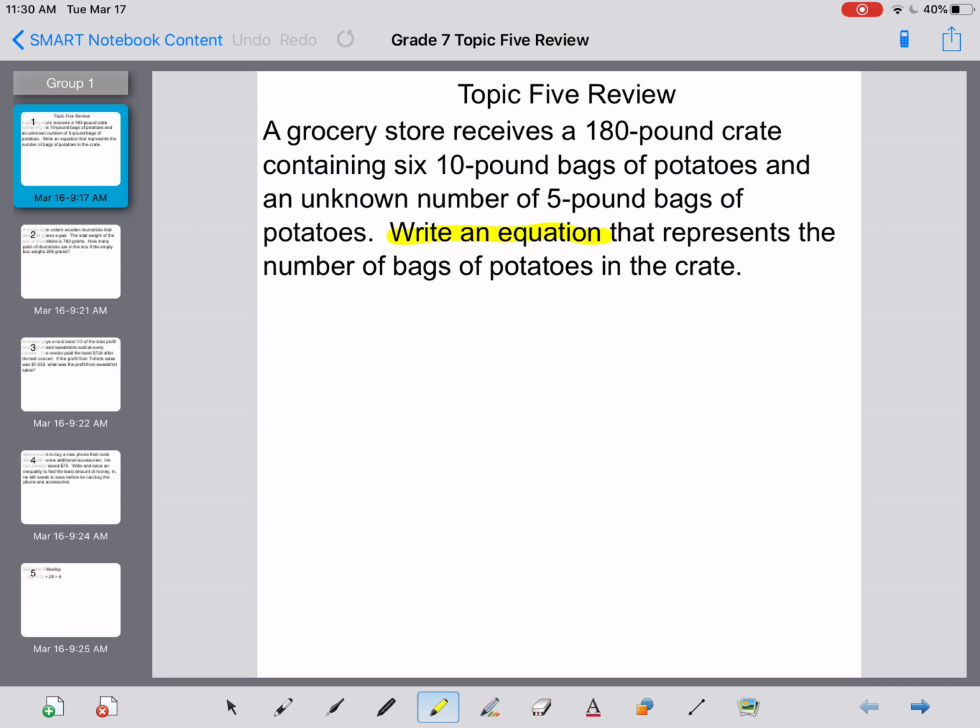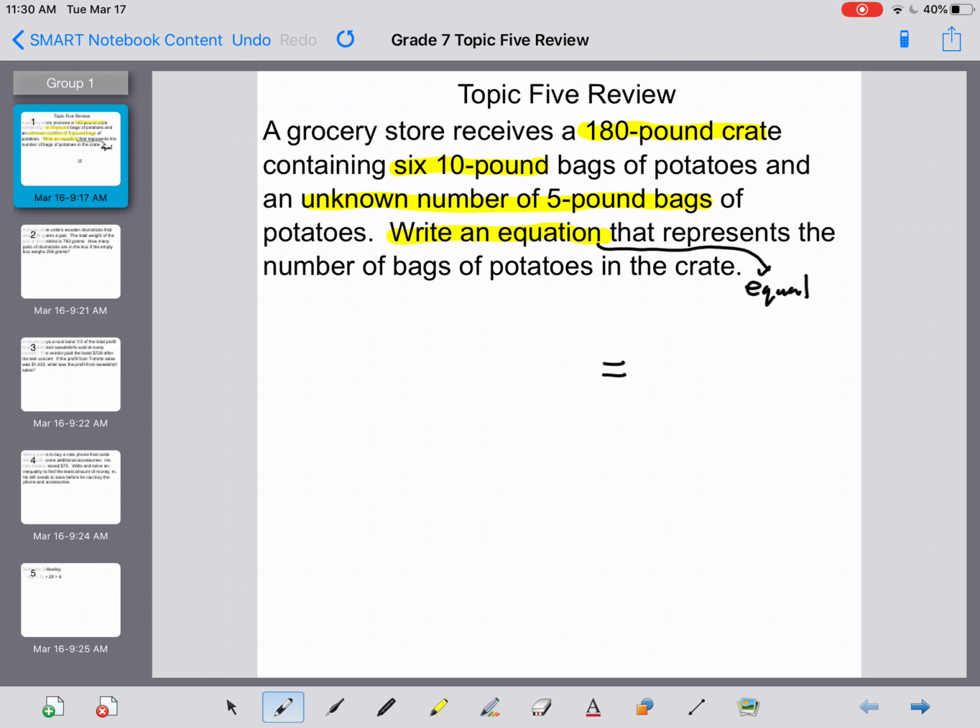This problem is asking us to write an equation. So since we are writing an equation, we know that we're going to have an equal sign. So I'm going to start by putting my equal sign. When I read the problem, I see that we have a 180-pound crate, 6 10-pound bags, and an unknown number of 5-pound bags.